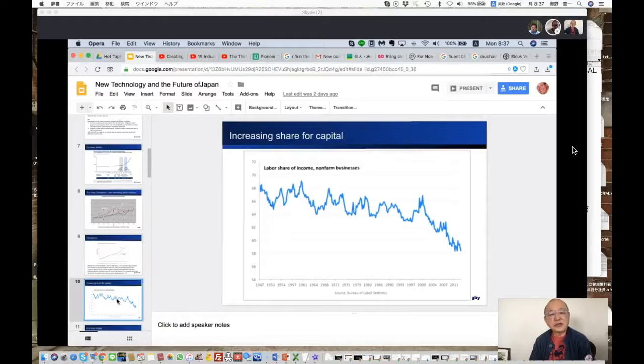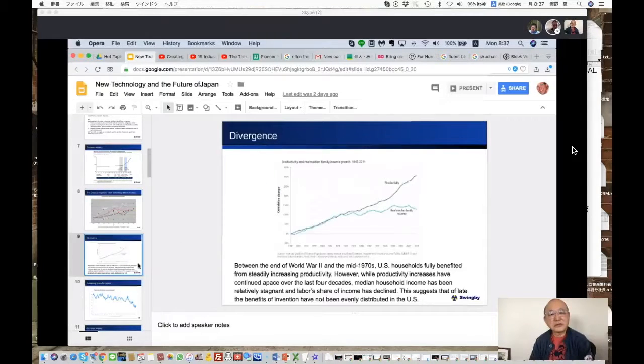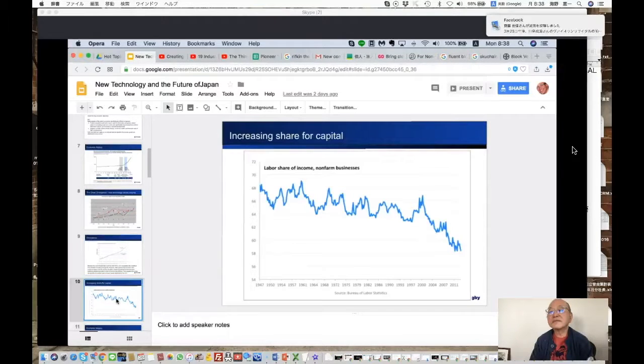Basically, what we see here is that the labor component in our productivity is declining. Why is that? We are more and more using machines and less using labor in our products, so our labor share is actually decreasing.